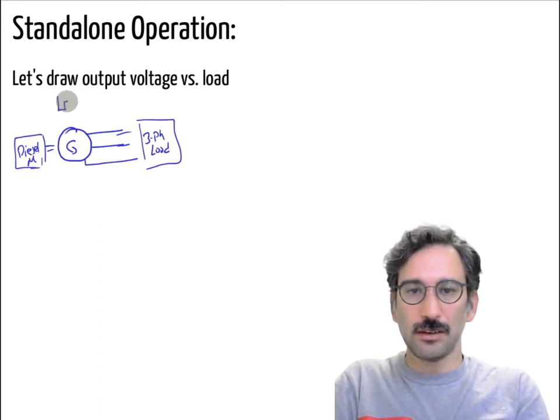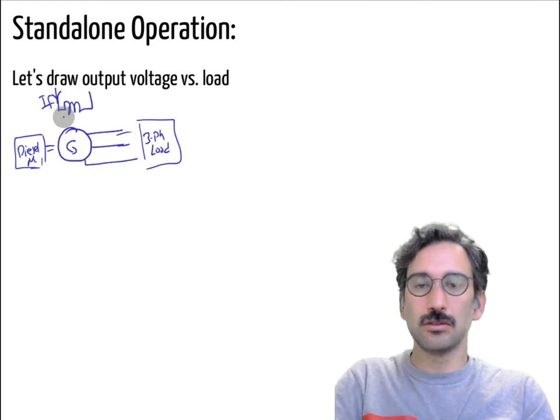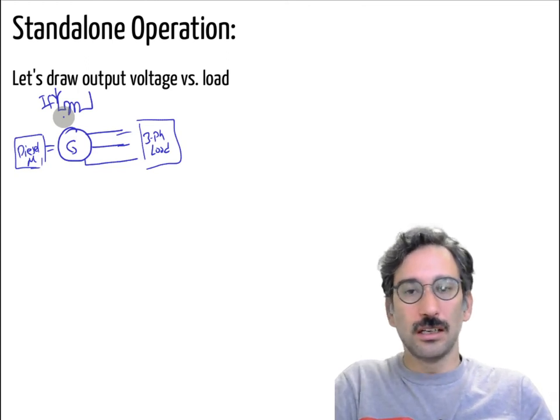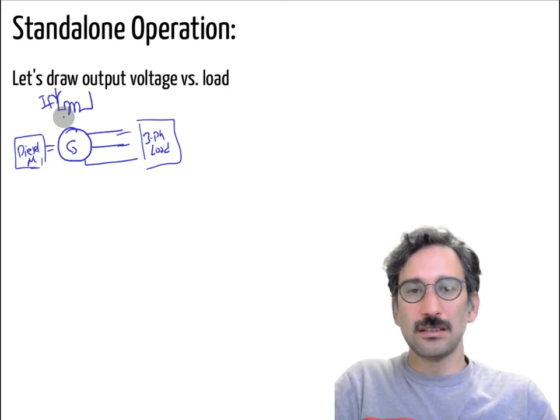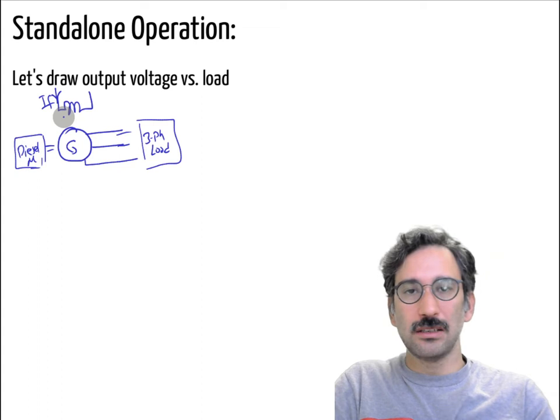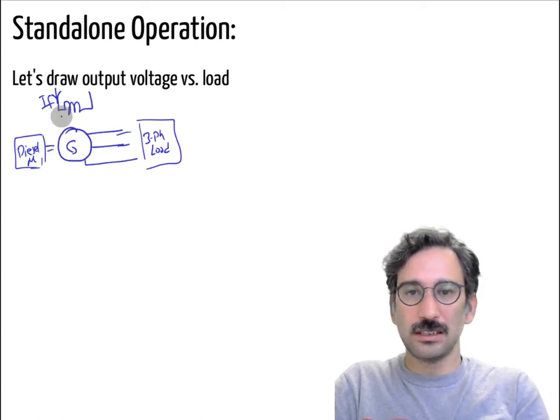And of course we have here the field current, and normally there's a closed loop controller, an automatic voltage regulator, for that field current. But first let's look at what will happen if we just keep the field constant.